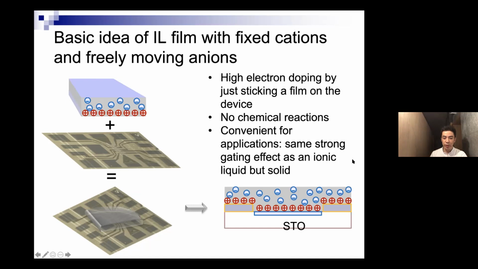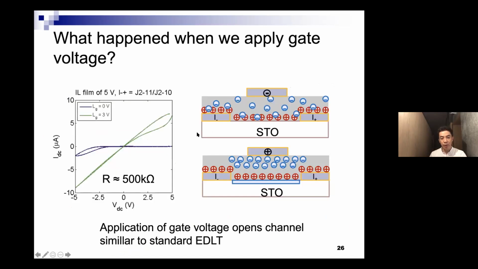But once we fix the motion of the ions, no current is flowing through this electrode to the surface of the semiconductor material. So we believe that there are no chemical reactions. So we are going to put this film on top of the STO and then see the performance. And before, we are going to use the gating effect.